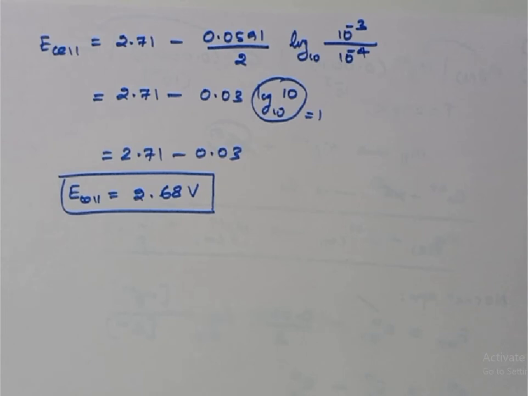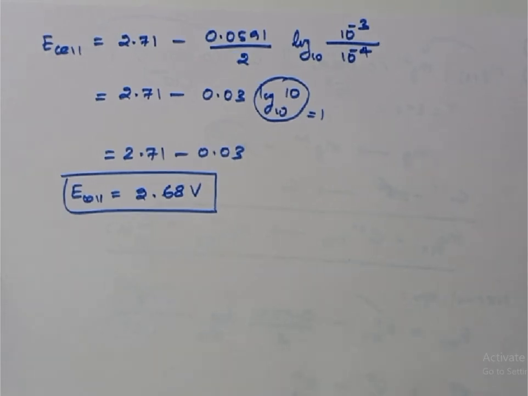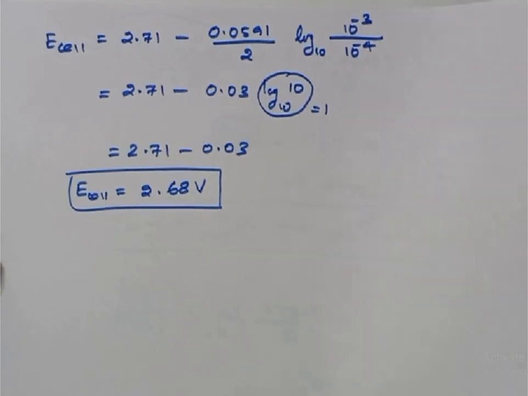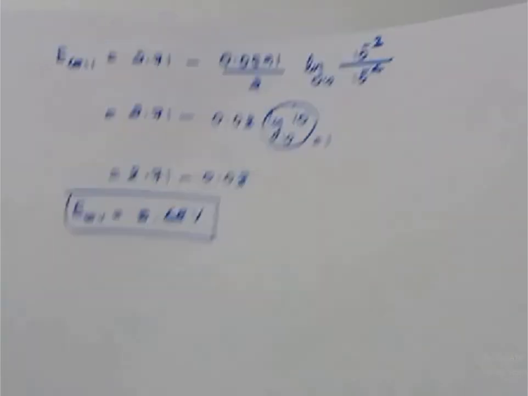Okay, now these are a few questions given in the book. Then, what is the relation between equilibrium constant and standard cell potential? This is another important one that you need to consider.